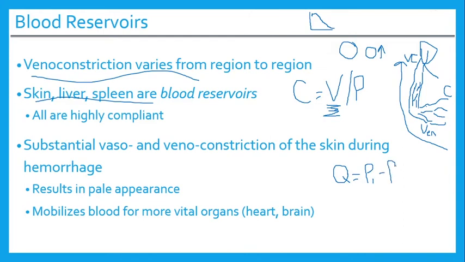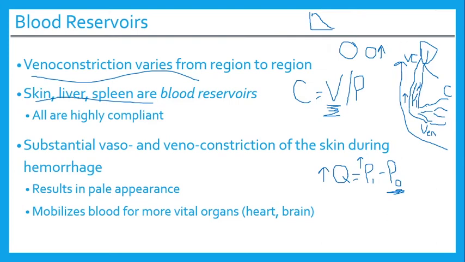And remember, flow is going to equal the pressure inlet, or starting, minus the pressure outlet. So what is preload? It's basically the venous return back to the vena cava, back to the right atrium. And so if the pressure of the vena cava and the right atrium stays the same, but venoconstriction leads to an increased pressure in the veins, what we're going to see is an increase in flow from the veins to the right atrium.